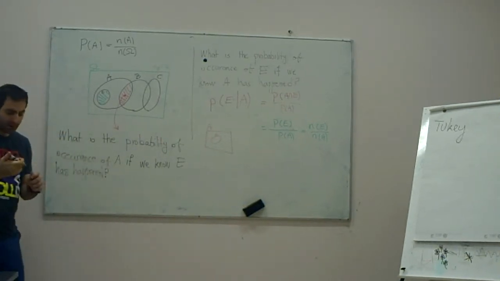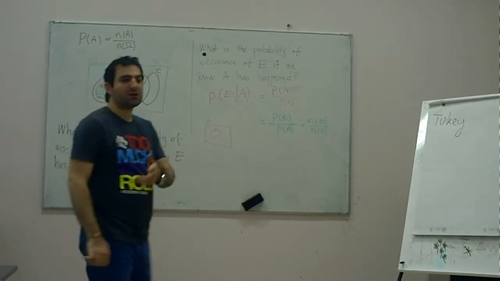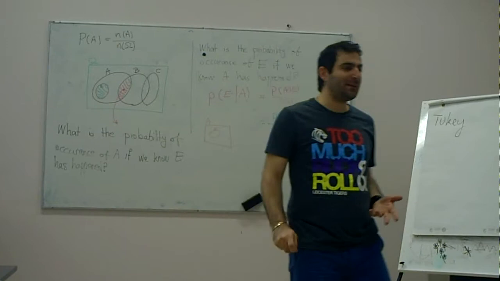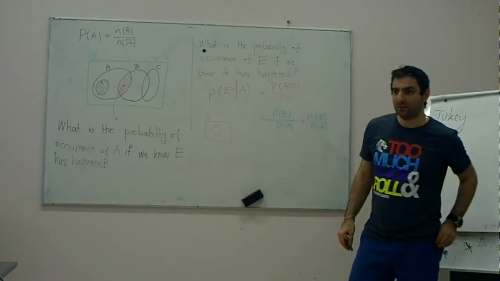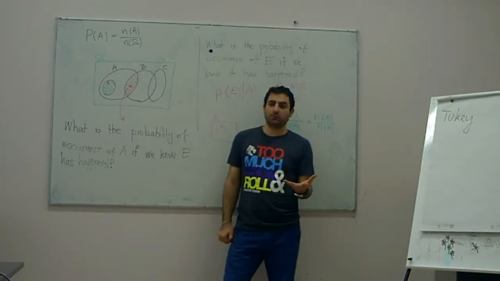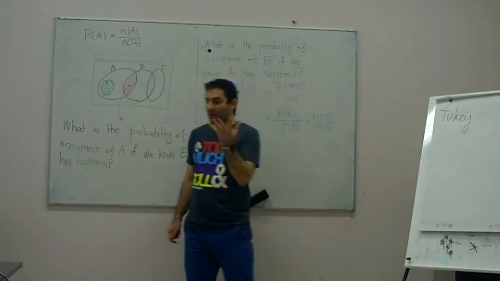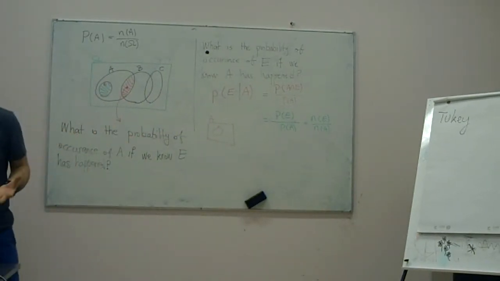Now, with some probability questions, the good thing is, if we understand the question without calculating it, we will be able to guess the value or the range of the value. Now, the question says, I want to know the probability of having A if E is happening.